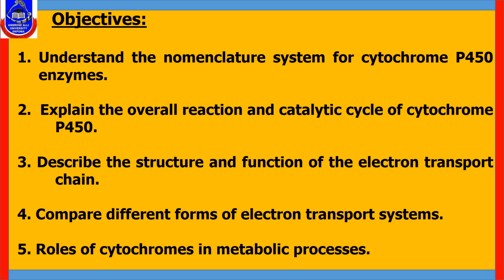Thirdly, describe the structure and function of this electron transport chain. Fourthly, compare different forms of electron transport systems or chains, and understand the role of cytochromes in metabolic processes.